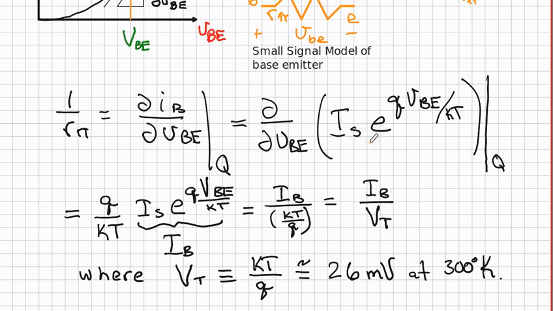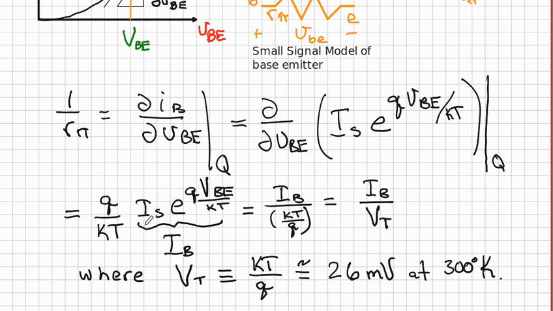Putting a simpler approximation of the Shockley diode equation, where we ignored the -1 because this is a forward bias junction, in for little i_B, we can take the derivative here, and if we evaluate it at the Q point, where little v_BE equals big V_BE, right here, we end up with this equation, q over kT times this I_S e to the q V_BE over kT.